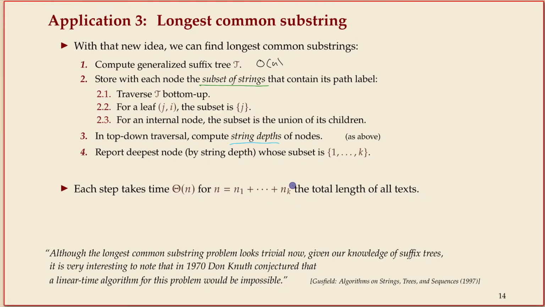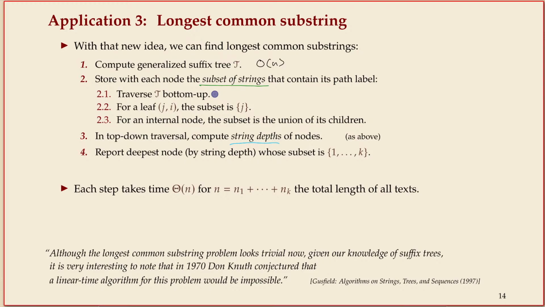I guess plus k, but we assume that the texts are not empty, so in terms of big O, that's the same. For that second step, if we look at how it is implemented as a traversal, you can do a bottom-up traversal. This is, again, we haven't discussed depth-first search and tree traversal in detail in this module, but you'll either do it next year or you've done it in the Python module.